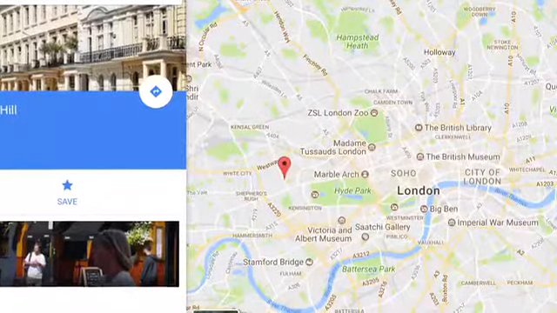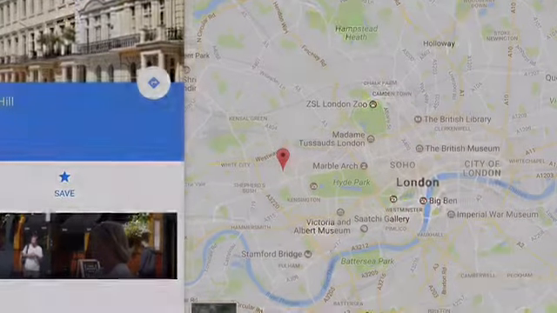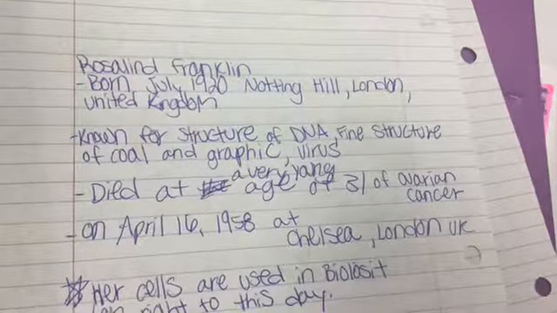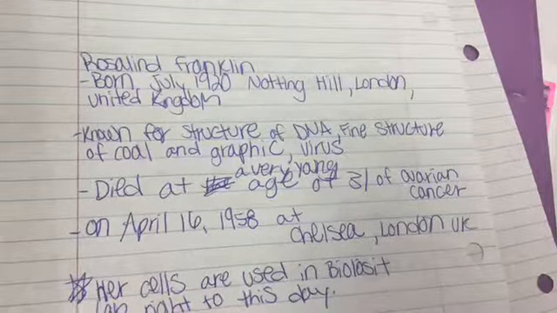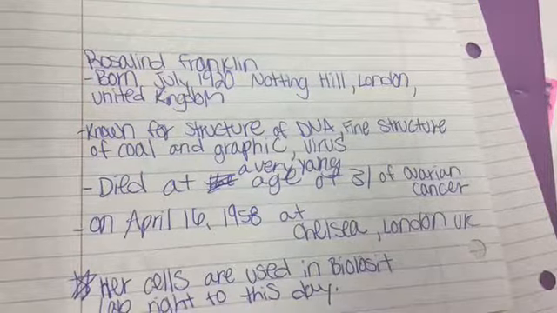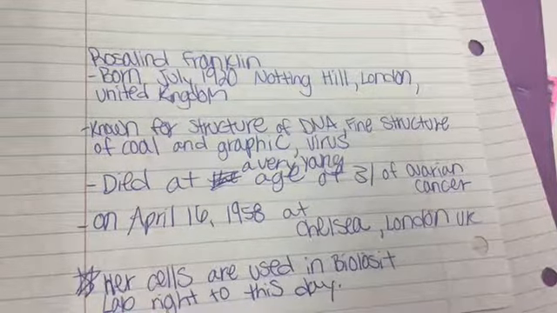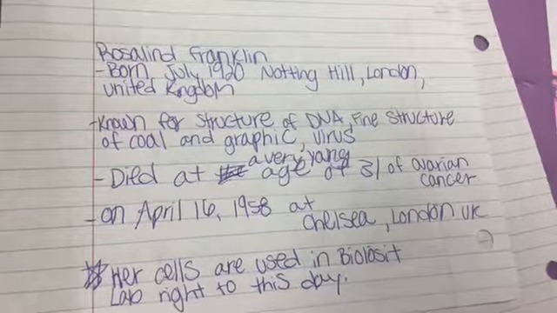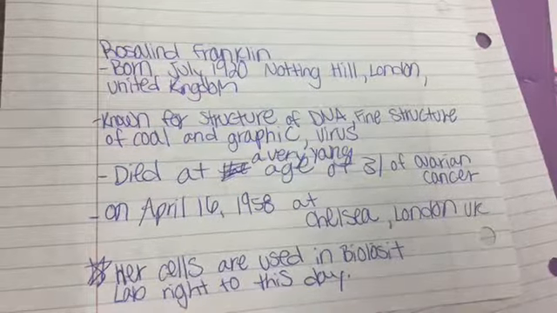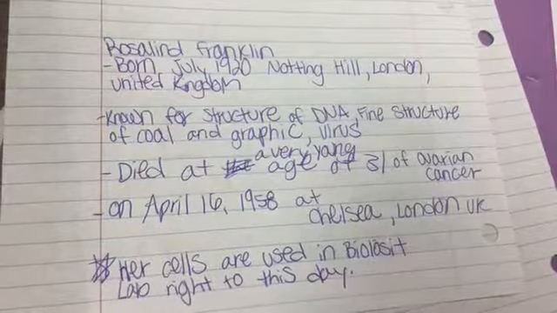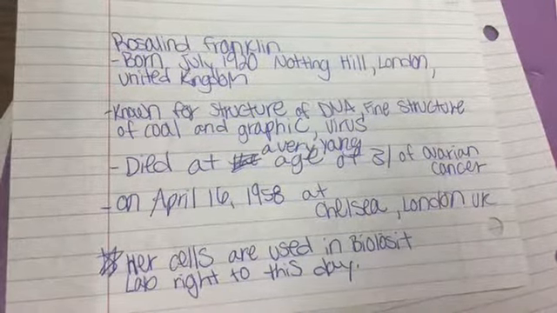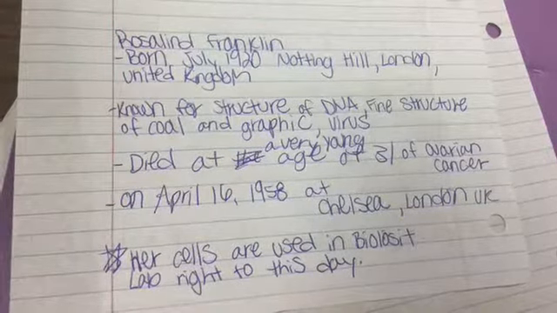She was a great woman. Fortunately, when she died of ovarian cancer she was still young, so her work was reported as some of the most amazing work on DNA structure of all time, and we still use cells from her body in labs today.